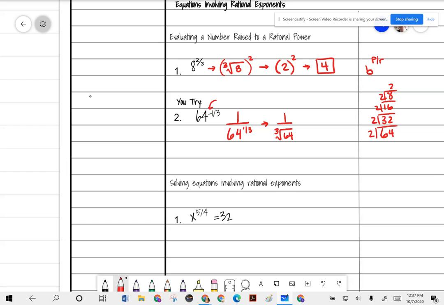And it's going to be 4. And then you stop when you get a 1. And then now we are circling groups of 3 because it is the cubed root. So I have one set of 2's, and then I have another set of 2's. So that's going to end up giving me 1 over 4.